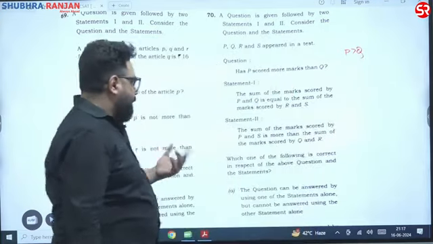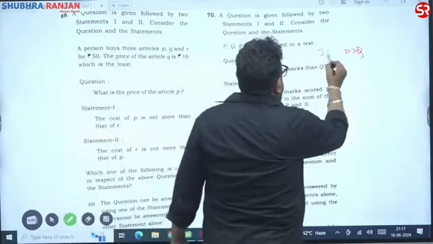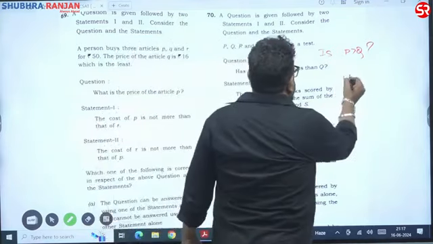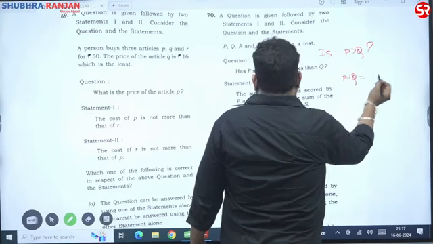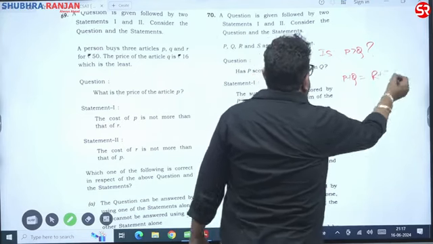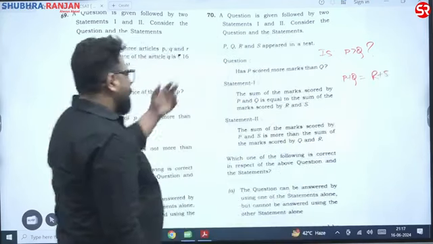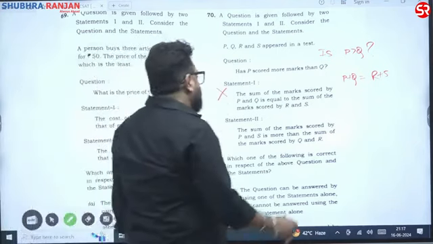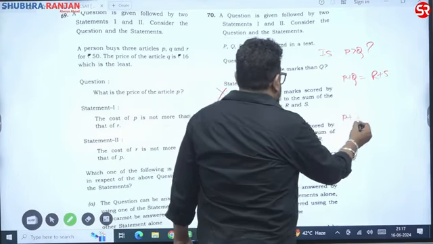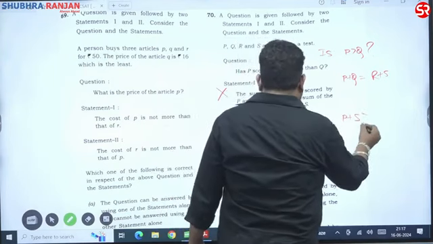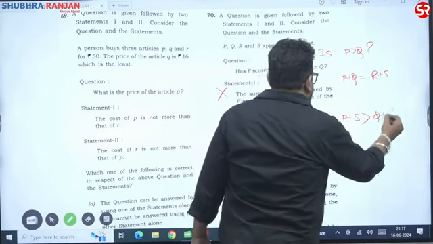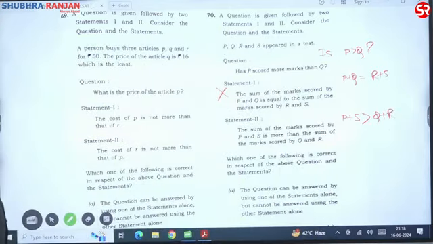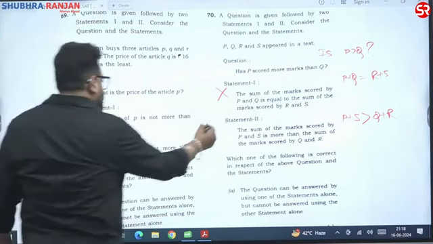So the first statement is P plus Q is equal to R plus S. It doesn't give you the answer that P is greater than Q. Second, the sum of marks scored by P and S is more than the sum scored by Q and R. But does it give you the relationship between P and Q? Second also is not giving you a relationship between P and Q.